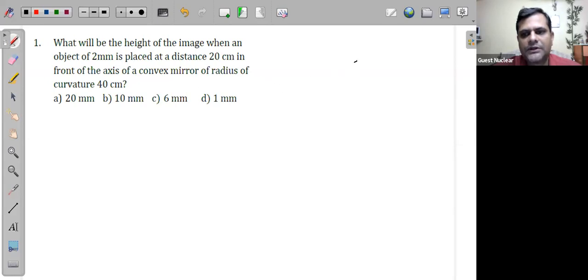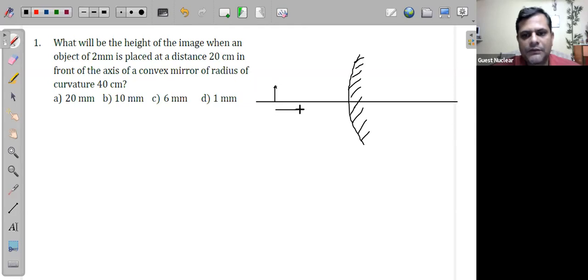So there is a convex mirror. Suppose ये convex mirror है, उसका ये वाला surface जो है वो opaque है. Okay, and the object is going to be at 20 centimeter along its axis. So we can just show the object at this point here. ये यहाँ पे object रहने वाला है, और ये distance जो है तो वो 20 centimeter दिया हुआ है already.